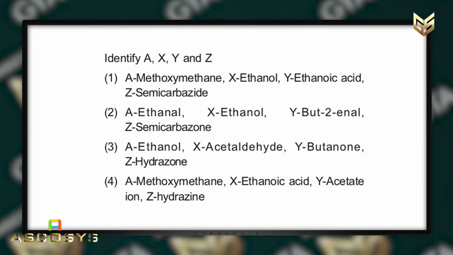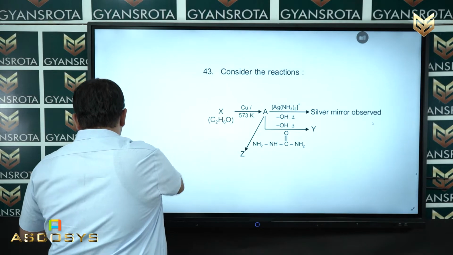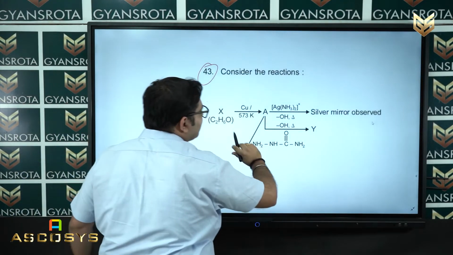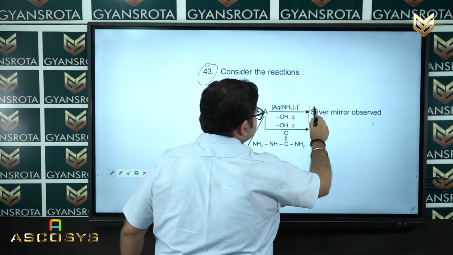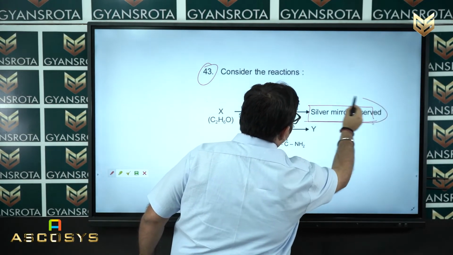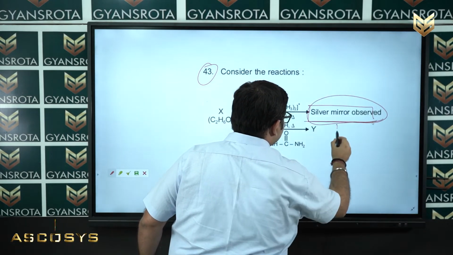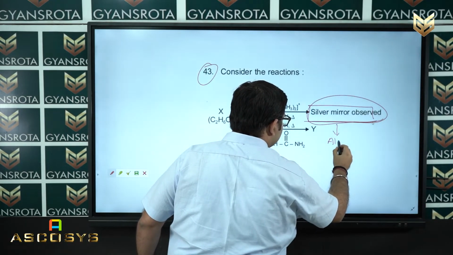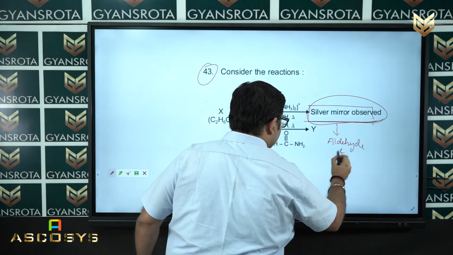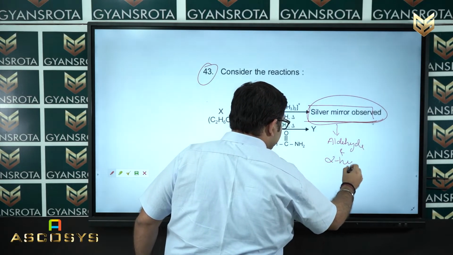So, now we are moving to the solution part. Question number 43 is very easy, do not get confused by whatever is given here, just focus on the silver mirror test, or silver mirror is observed. This silver mirror is given by your aldehyde and alpha hydroxy ketone.